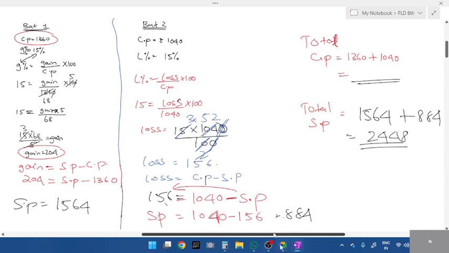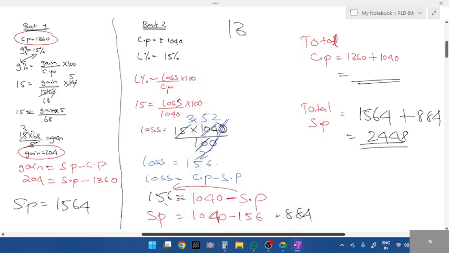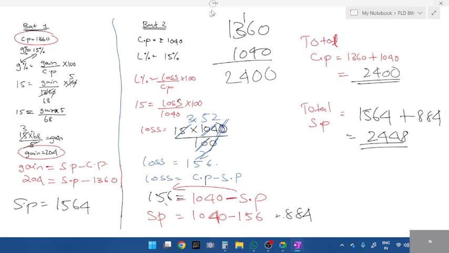You should get 2448. Okay, 1360, not 1560. How do you add? Look here, 1360 plus 1040. Add this 0, 6 plus 4 is 10, 3 plus 1 is 4, 1 plus 1 is 2. 2400.